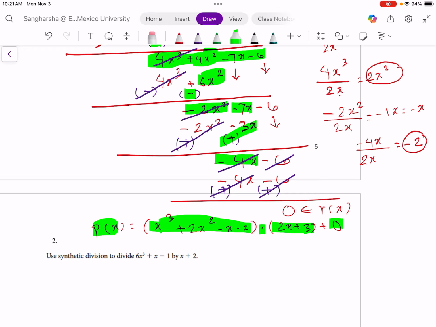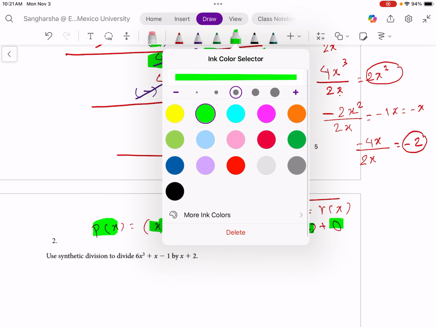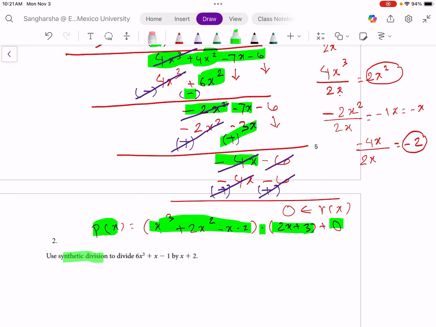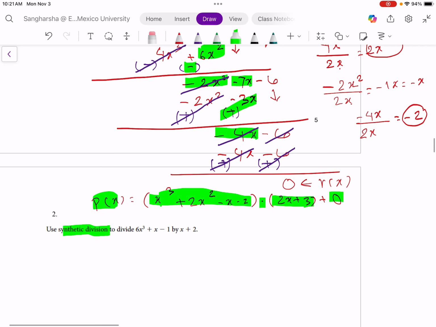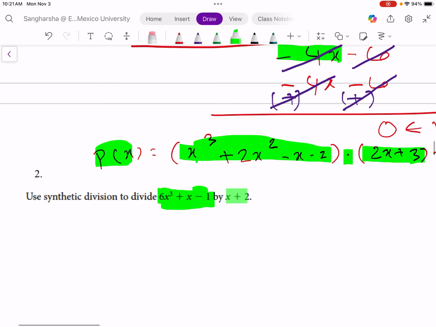Now let's use the same method for our example 2. Okay, example 2 does tell us to use synthetic division. We will use synthetic division as well, but before that let's practice one more long division for this polynomial. So here we are dividing our polynomial 6x cubed plus x minus 1 by x plus 2.